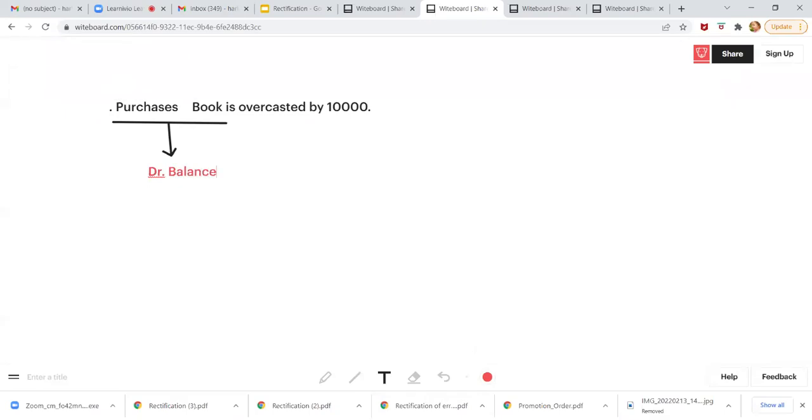What does it mean? Overcasted means the purchases book, as we have totaled it, by calculating the purchases amount is over, it is in excess, right? It means this amount is in excess.